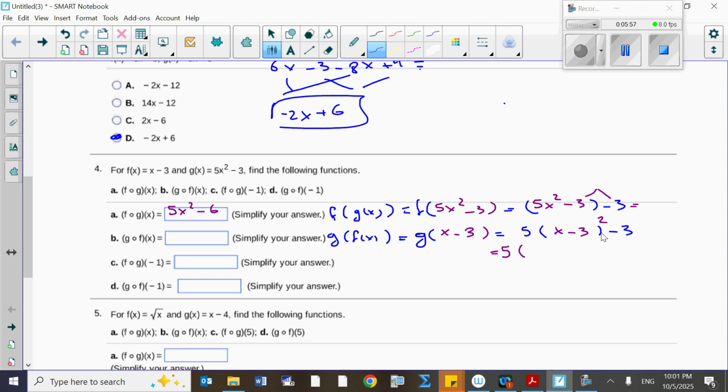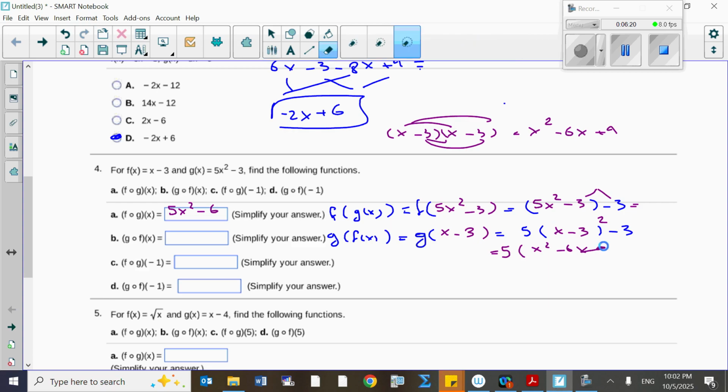5 times (x minus 3) to the power of 2 means x minus 3 times itself, which if you distribute and then simplify, it's going to be x squared minus 6x plus 9. So I write x squared minus 6x plus 9 minus 3.